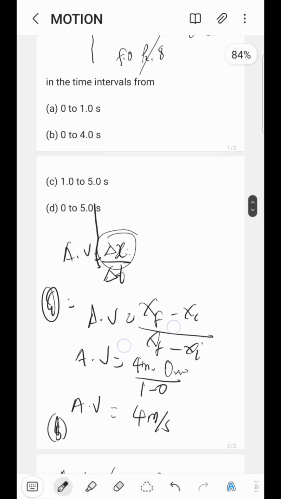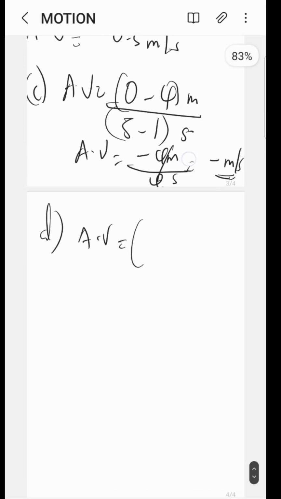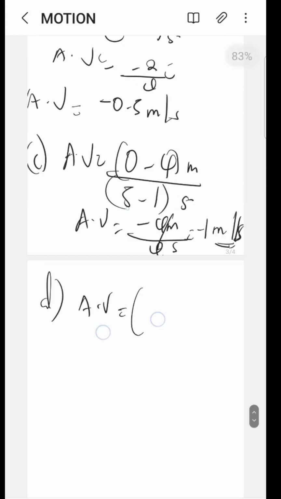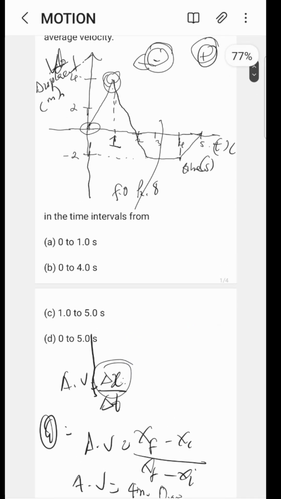All right, D, we go to D. So this was -1 meters per second, right? Average velocity for the last one is 0 to 5 seconds.